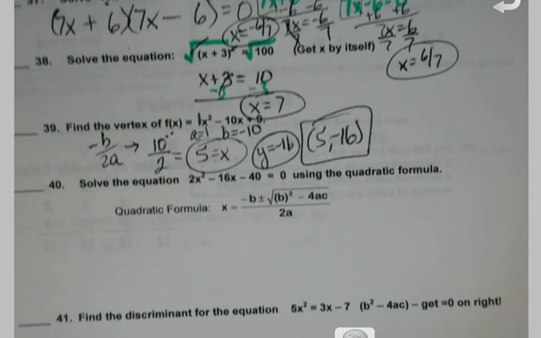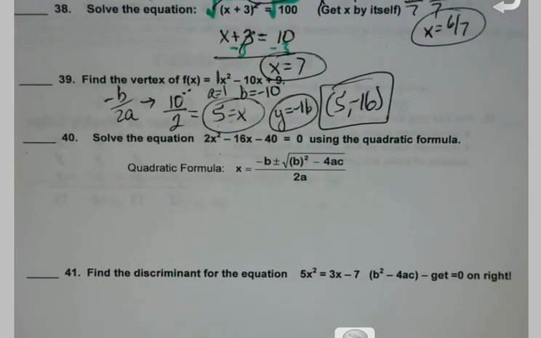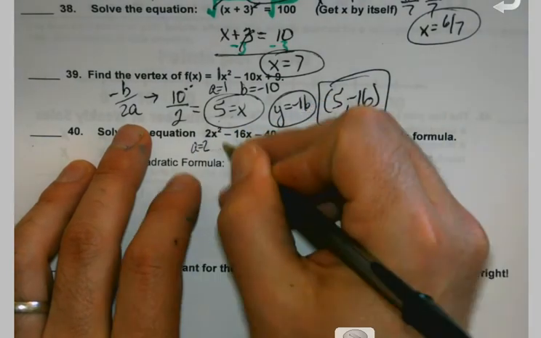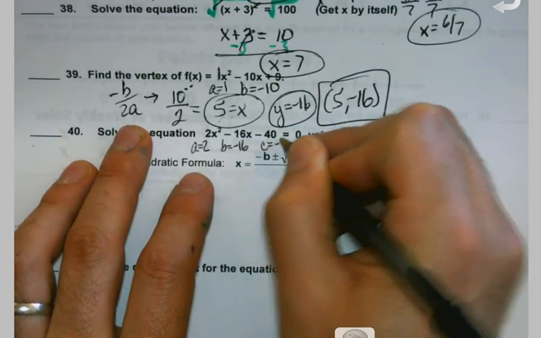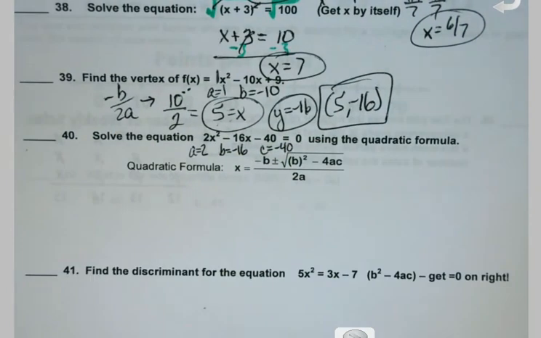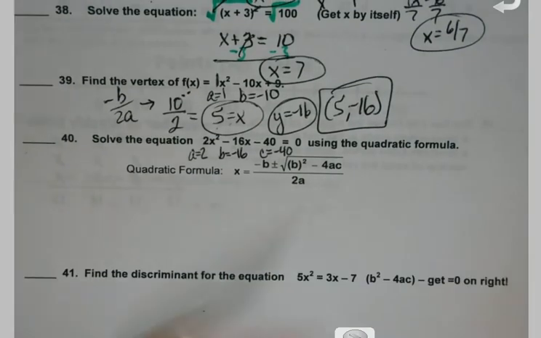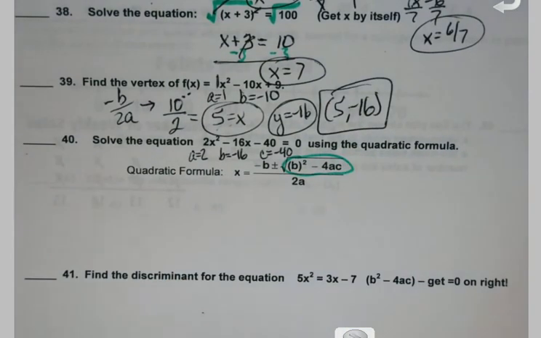Okay, now then there's others that, well, we just have to kind of pound our way through, like the quadratic formula. Again, a value is 2, b value is 16, c value is negative 40. So again, just like we've been doing all along, I want to take care of this part first.